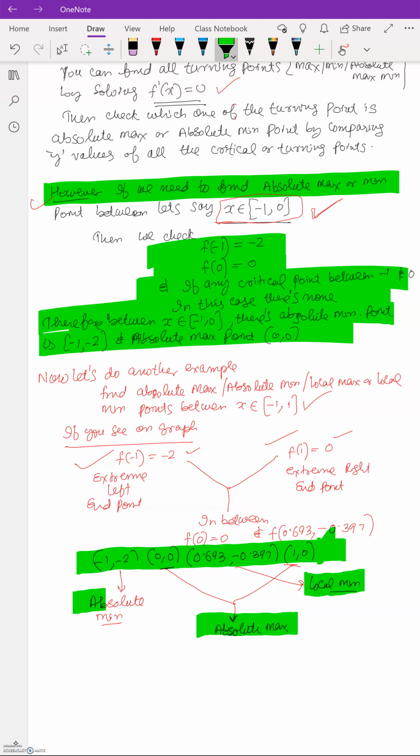And because (-1, -2) has the minimum y value of all those y values, between -1 and +1 I should consider it the absolute min point, and (0, 0) and (1, 0) the absolute max points. Even though they are at the same height, there can be two absolute max points, and there's only one local min point.